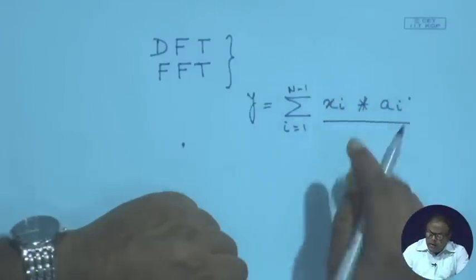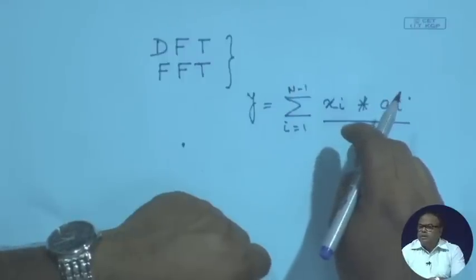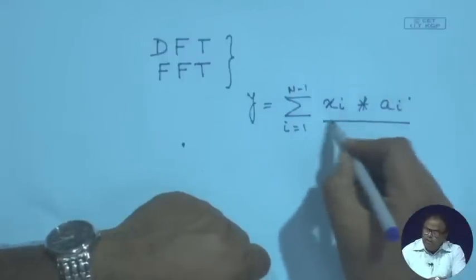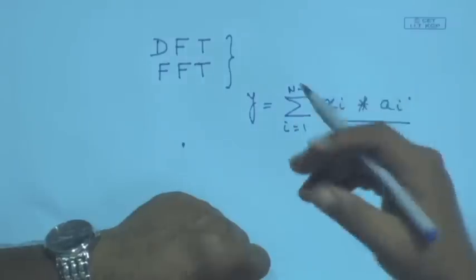Now, in a typical microprocessor, how would we implement this? We require a multiplication, and that multiplication, if I do it without any fast multiplier, will require more cycles. Then I add it, again multiply, add, multiply, store, add.